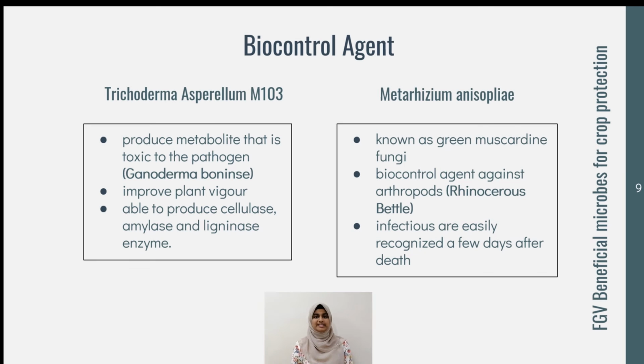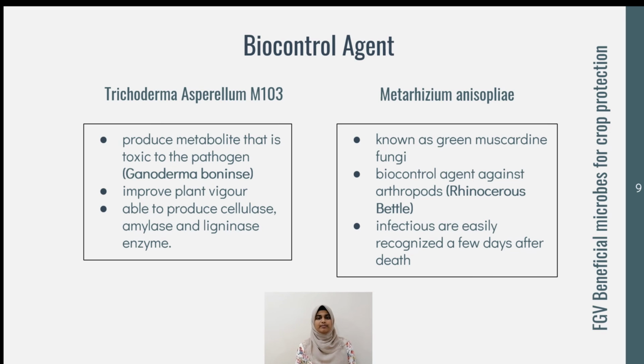In order to overcome these problems, FGV has introduced biocontrol agents which are Trichoderma asperellum M103 and Metarhizium anisopliae. Both of these are environmentally friendly. Trichoderma asperellum M103 is able to produce biological compounds that are toxic to pathogens like Ganoderma boninense.